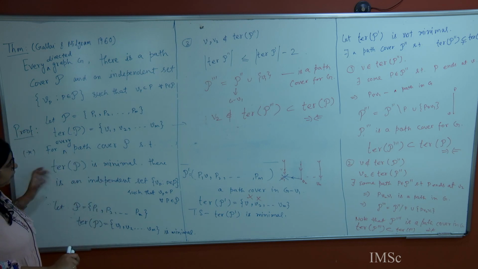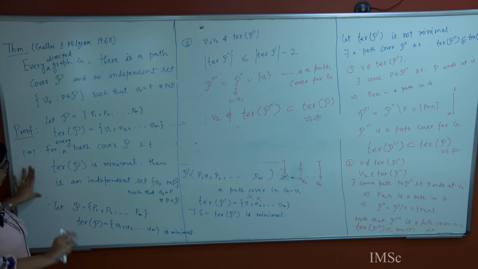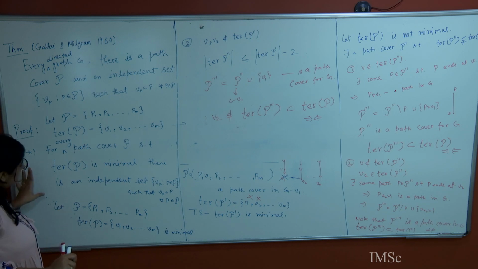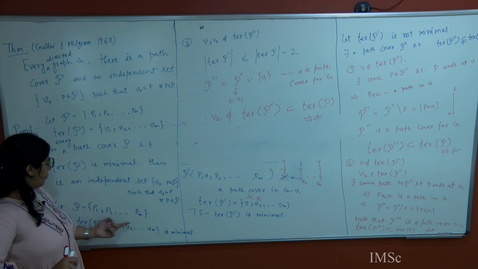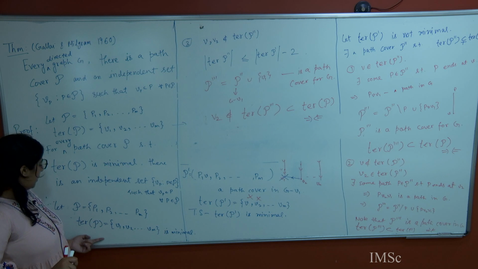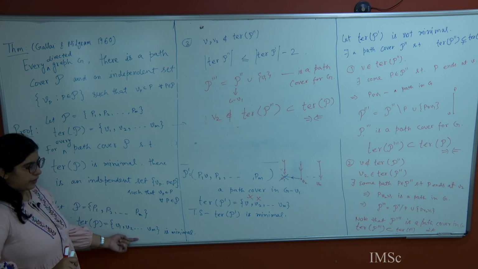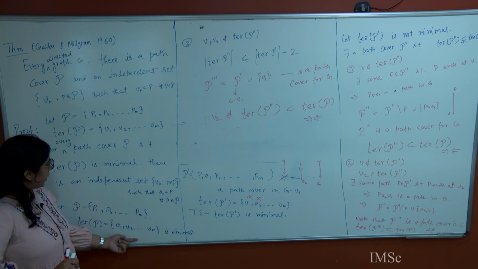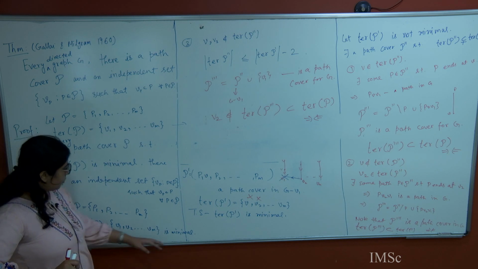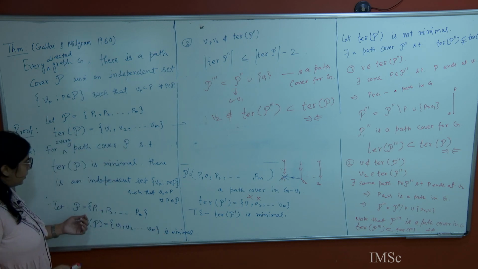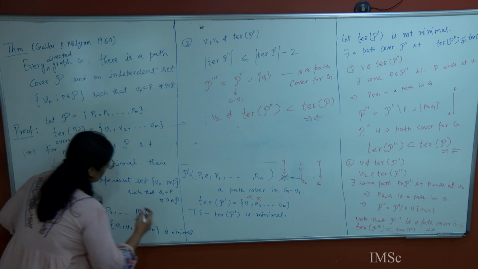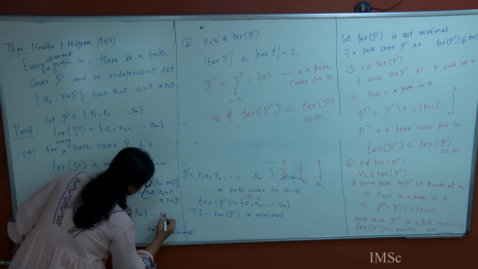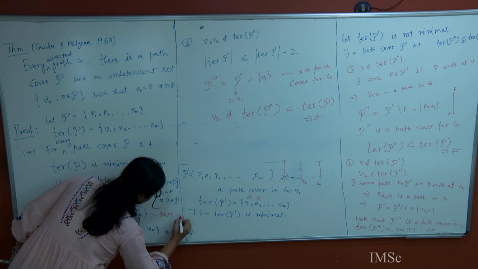So we prove this by induction on the cardinality of V of G. Let's assume that we have this path cover P1 which contains m paths and its terminal set is V1, V2, ..., Vm. Okay. This is a path cover in G.